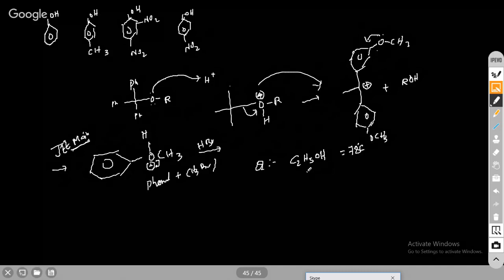What is the boiling point of diethyl ether, C2H5OC2H5? Options are given: 100, 78, 86, and 34 degrees Celsius. These are the four options.